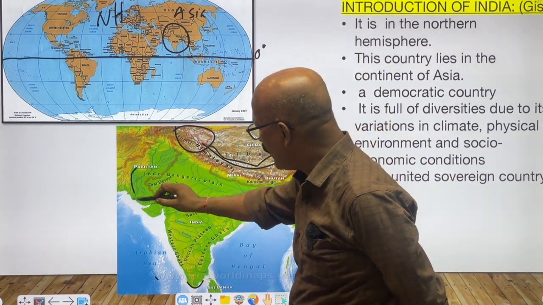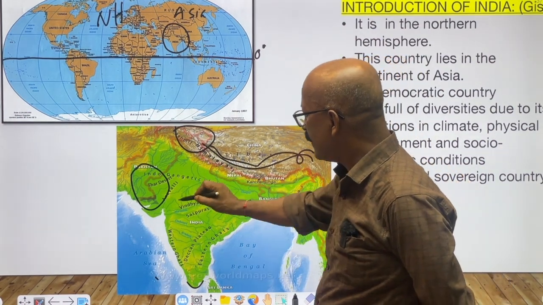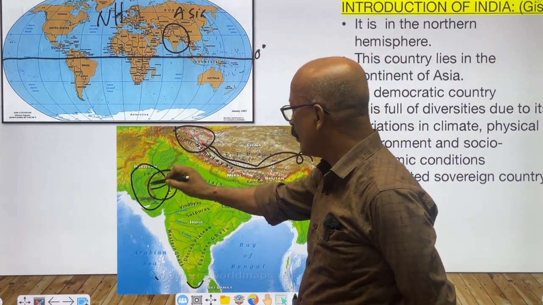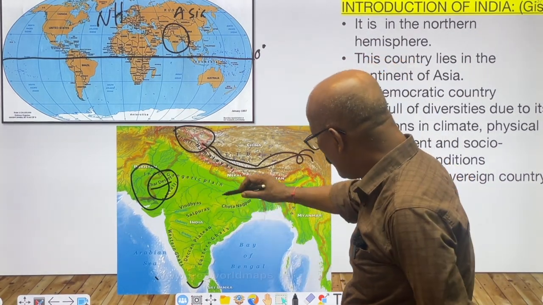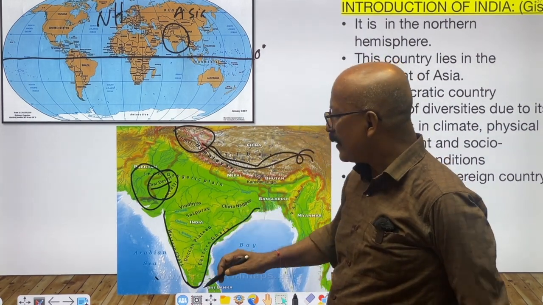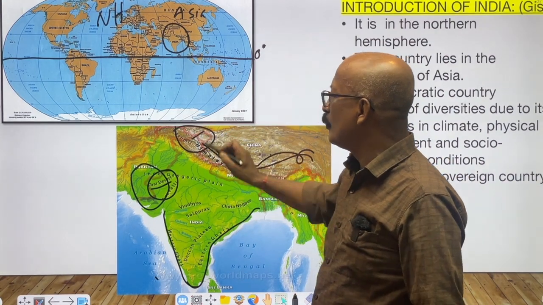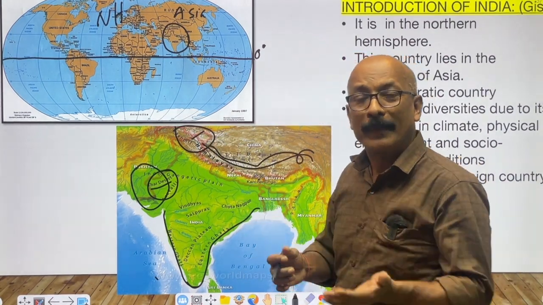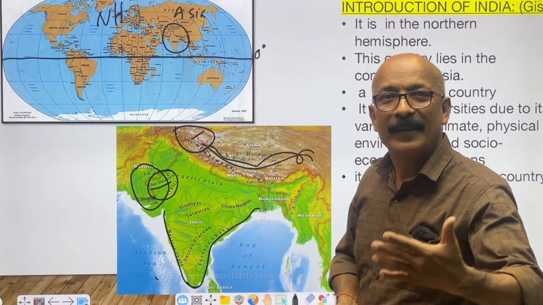And here is a third desert area in our India, where the climate is very hot. Now you come to this side, the coastal regions, where the temperature is neither so hot nor so cold like Jammu and Kashmir. So from the climatological point of view, diversity is there in India.